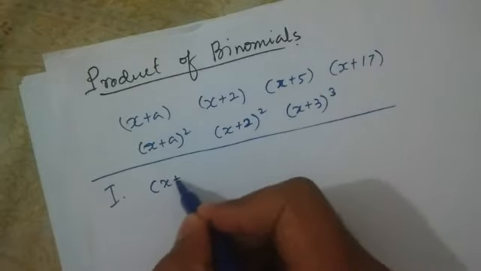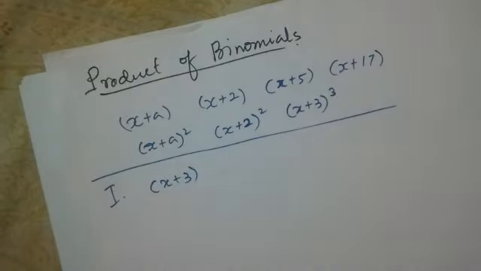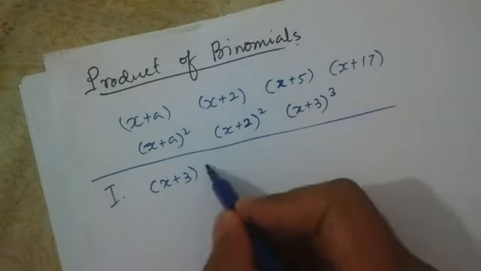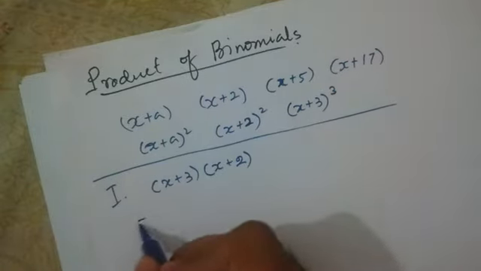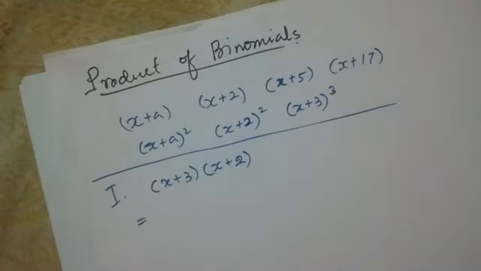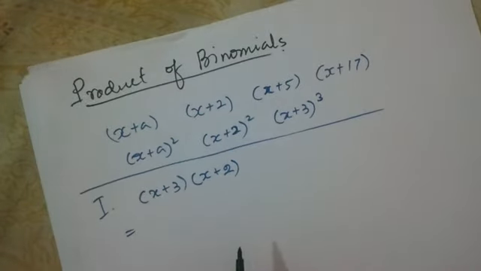Alright, I'm going to multiply two binomials. That's going to be x plus 3 times x plus 2. So how do you multiply it? I'm going to use green color.